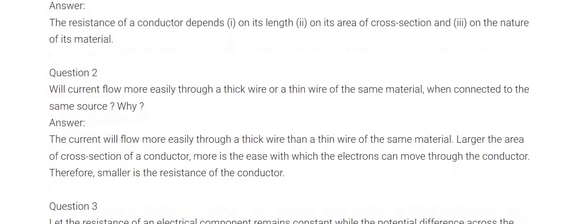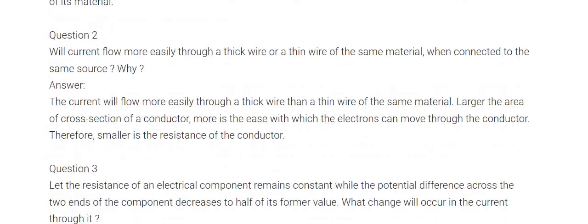Let's move further. Will the current flow more easily through a thick wire or a thin wire of the same material when connected to the same source? Whatever your answer is, you have to describe why it happens.